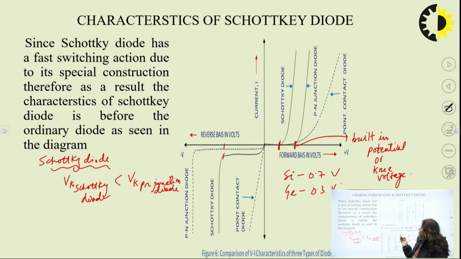So we can see the difference between the Schottky and the PN junction diode. Both have different applications. Wherever we require digital applications, wherever we require fast switching, we can use the Schottky diode. Wherever we require normal speed switching or BJT functions, there we can use our PN junction diodes.